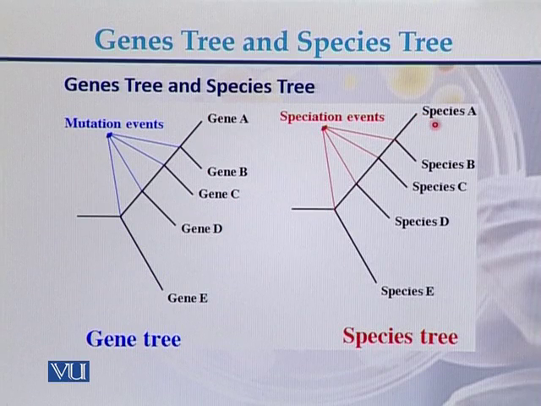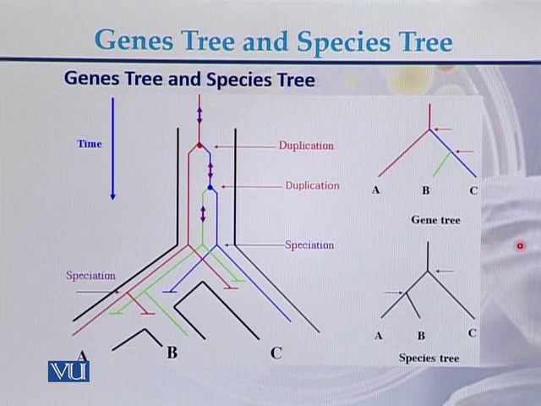Here we can see that there are different species A, B, C, D, and E. So here we want to differentiate the gene tree and the species tree. They are two different events. They cannot occur simultaneously.